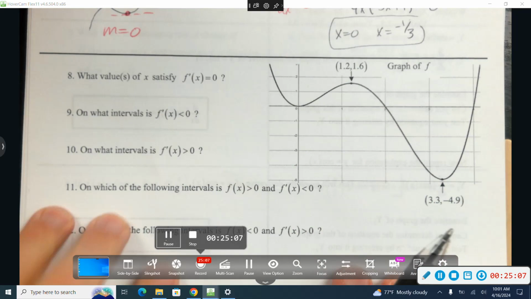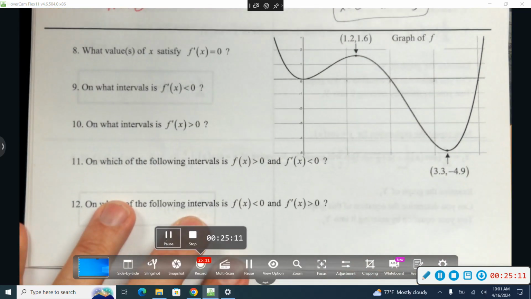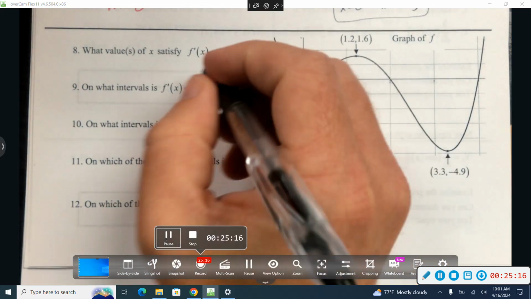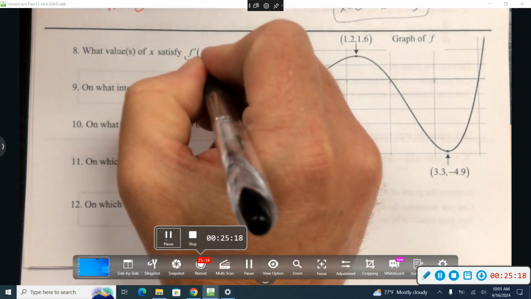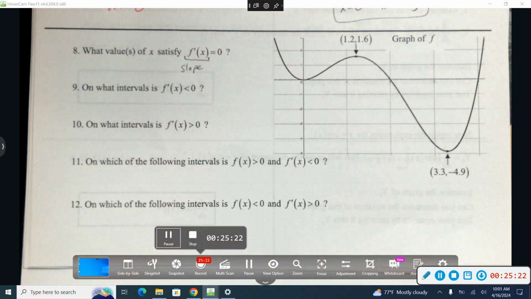All right, number 8. These don't require any work, they just require some thought. What values of x satisfy f prime equals 0? Remember, f prime is the slope, or the instantaneous slope. So where is the slope equal to 0?